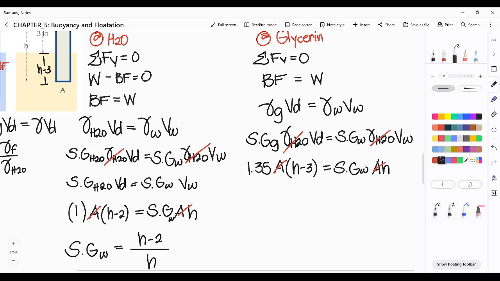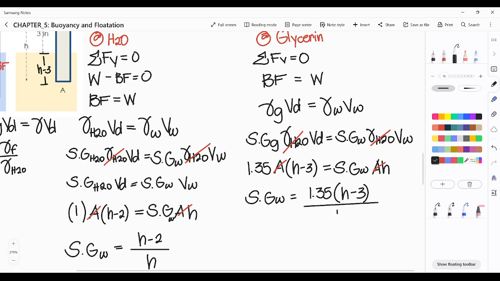It has the same area all throughout, regardless kung saang fluid natin siya sinubmerge. And taking the specific gravity of the wood from here, we will end up with the equation, the specific gravity of wood. Just divide that by height once again. We'll get 1.35 times H minus 3 all over H.